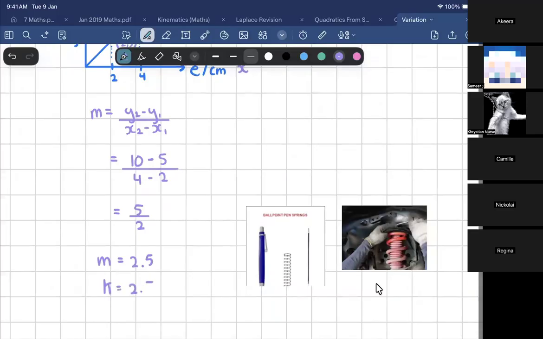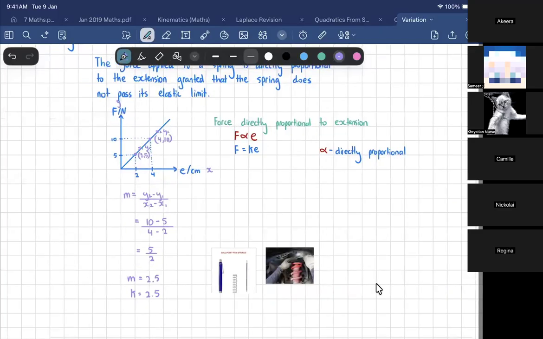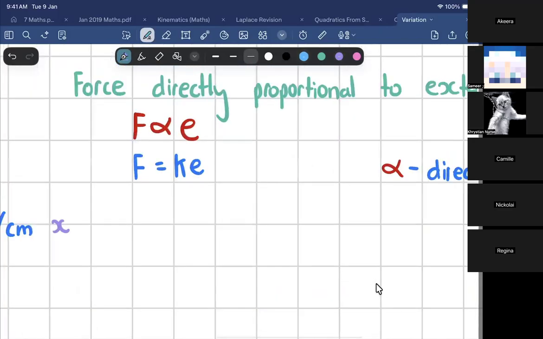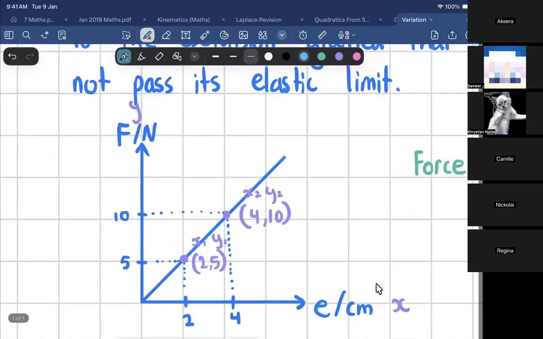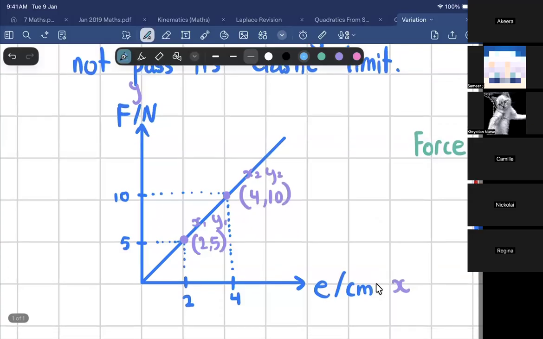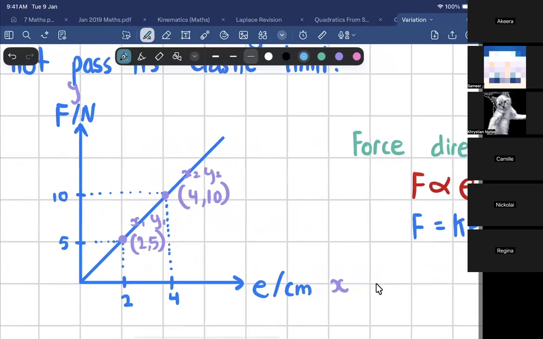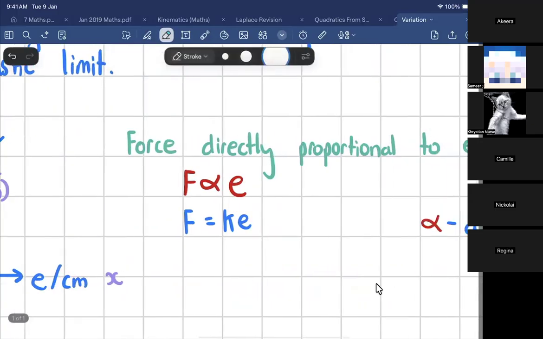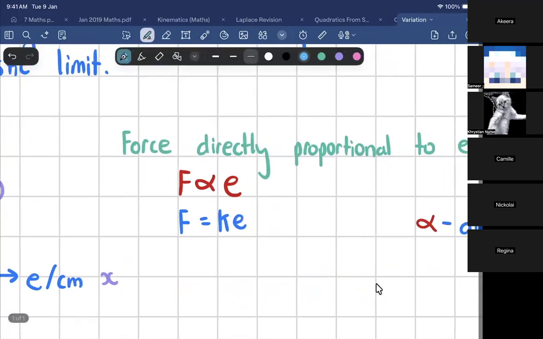And if you're wondering, well, sir, how do you know that? Well, what kind of graph is this? Somebody tell me fast. A line or a quadratic? Linear. It's a linear graph. And all linear graphs are being what form?